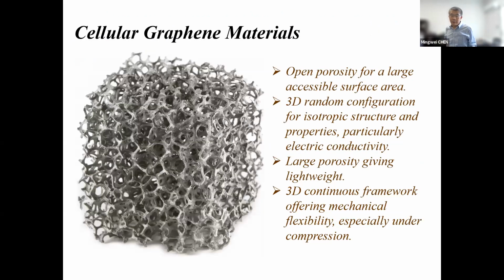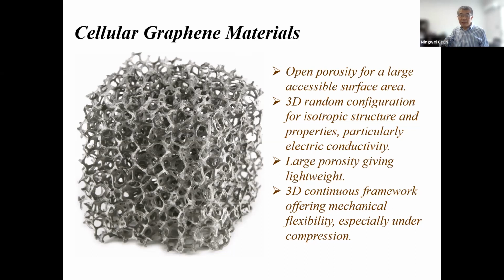Another idea to build up a three-dimensional structure is to make a cellular, foam-like structure. We know that we have metal foams, nickel, zinc, copper foams available in nature. Or can we make graphene in this kind of configuration?